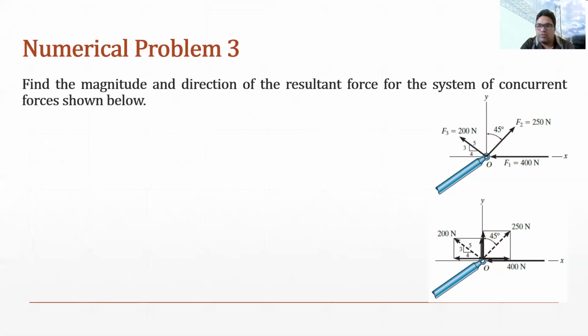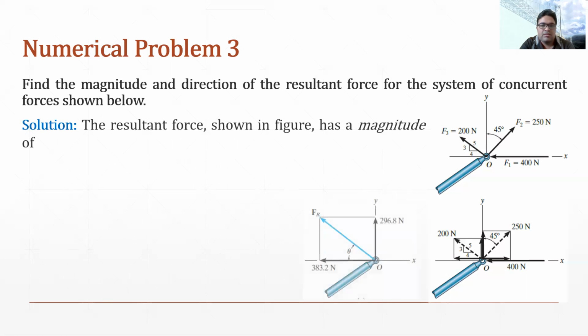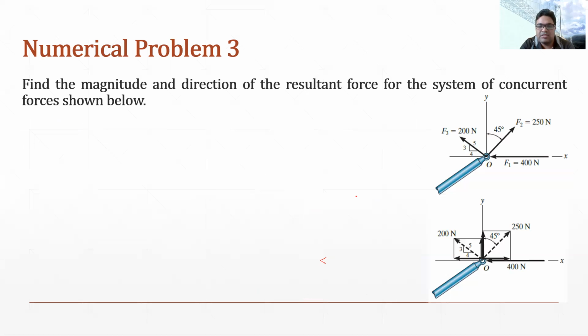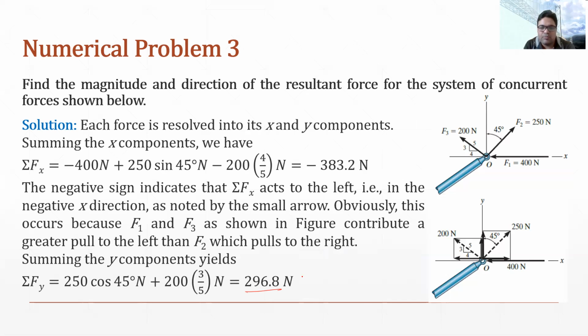So now we have got both the values, summation of Fx and summation of Fy. Now we can represent that in the X and Y plane. As I said, summation of Fx is on the negative side, so the direction of the Fx force is towards the left of X. Similarly, the value of summation of Fy is positive, which means it will be towards the positive y-axis.